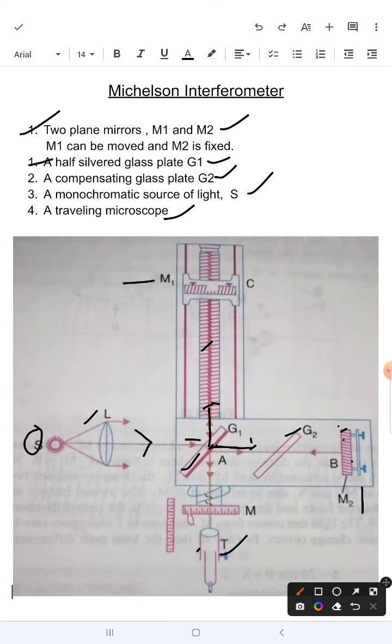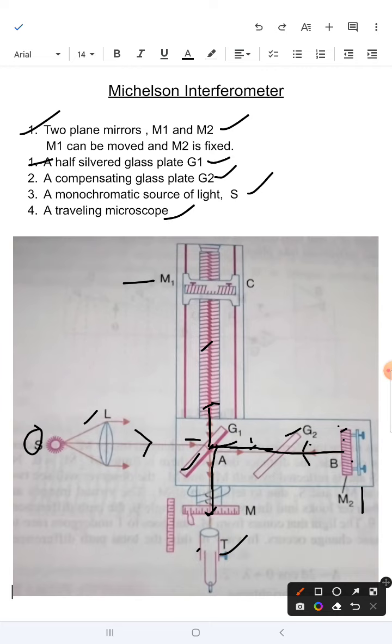This light traveling through G2 strikes mirror M2 normally, so it is reflected back from M2. Again after traveling through the G2 glass plate, it strikes G1 and is reflected downwards here. This is about the light traveling towards mirror M2. And what about the light which is traveling towards mirror M1?